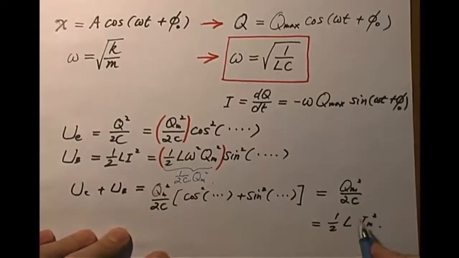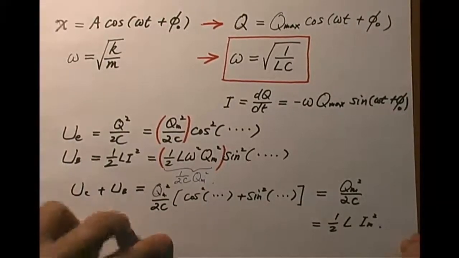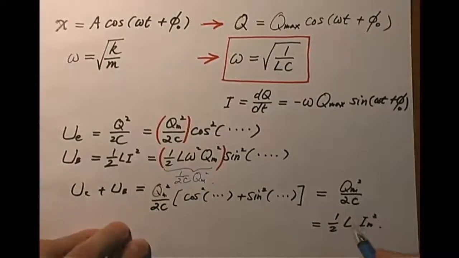But it's also 1/2 L I maximum squared, because a quarter of a period later the charges will disappear from the capacitor, and at the same moment the current going through the inductor will be a maximum. The energy of the system is entirely magnetic. It's 100% carried by the inductor. So you have 1/2 L I maximum squared. That is not only the energy stored on the inductor at that moment, it is also the total energy of the entire system. So these two should be equal. They're both equal to the total energy of the system.